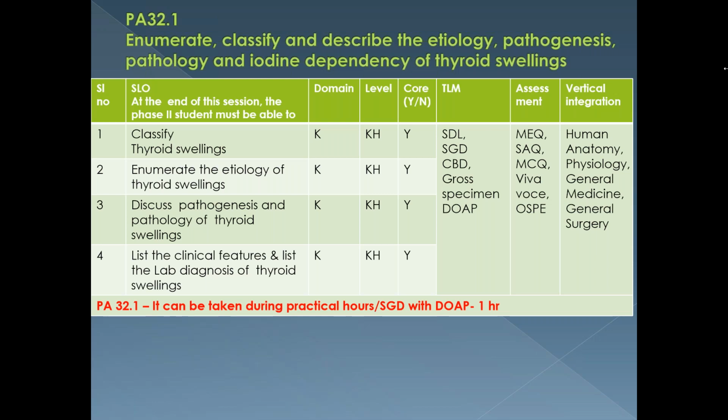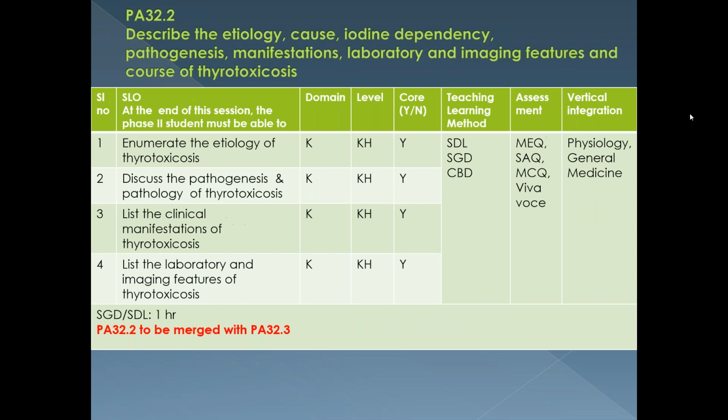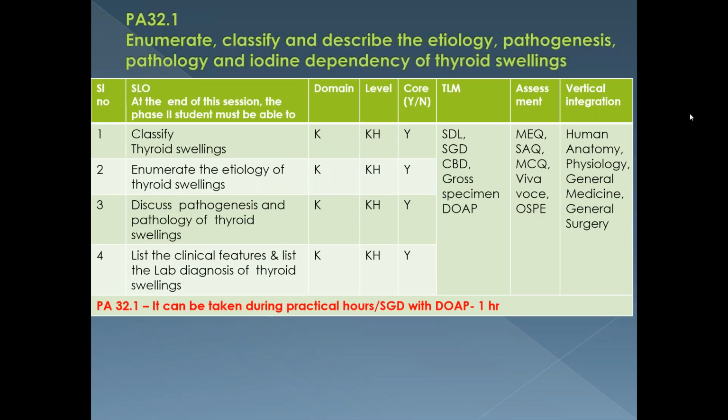I have divided this into 4 SLOs: to classify the thyroid swellings, to enumerate the etiology of thyroid swellings, to discuss pathogenesis and pathology of thyroid swellings, and finally to list the clinical features and list the lab diagnosis of thyroid swellings. All of them are in knowledge domain, and know-how is the highest level.